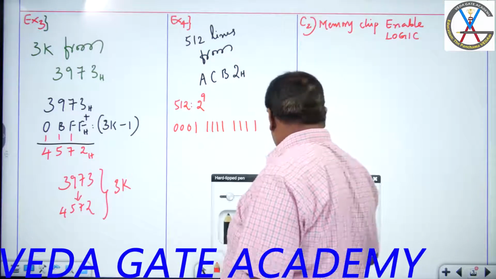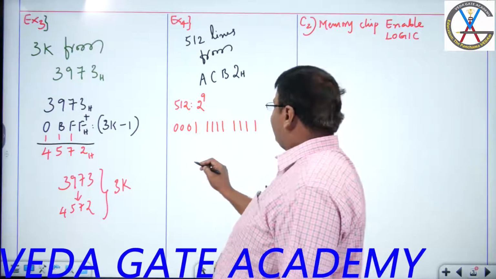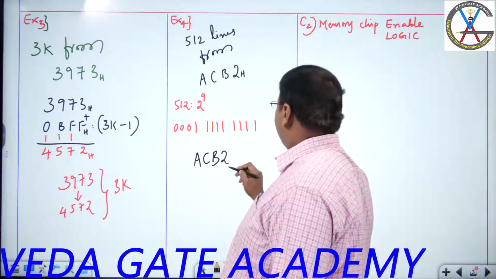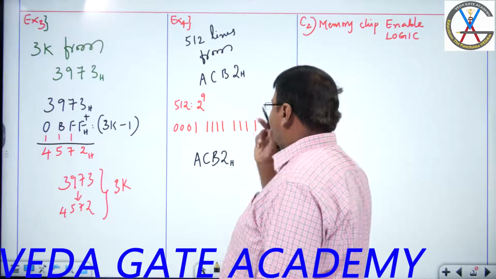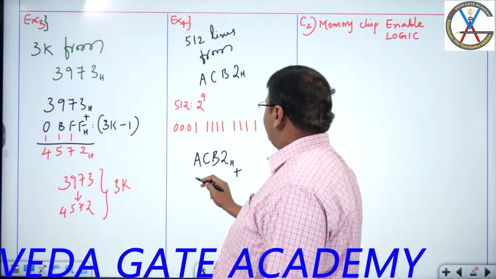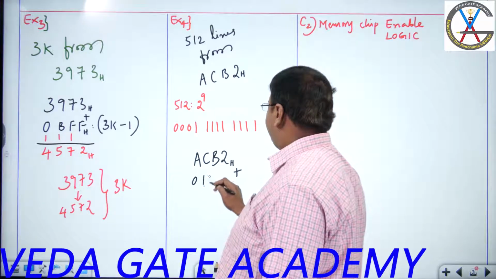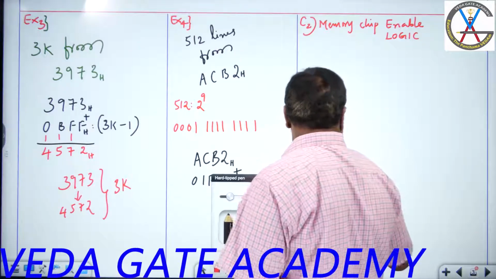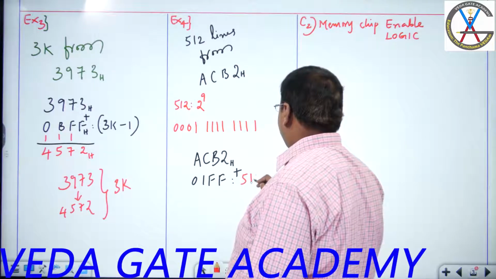Come back to ACB2 hexadecimal, plus 0, 1FF. 0, 1FF is 511 decimal.